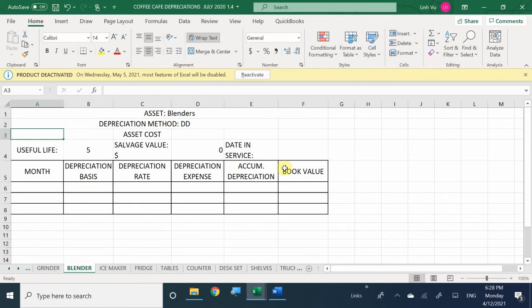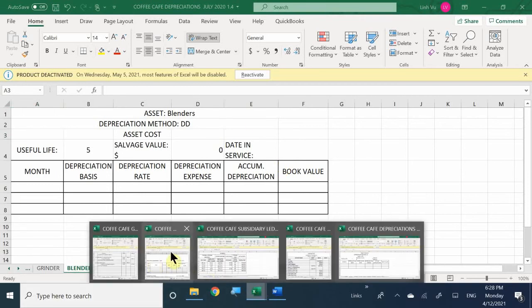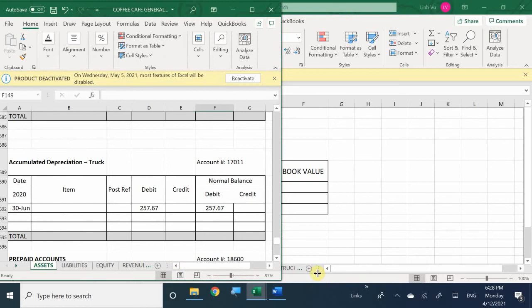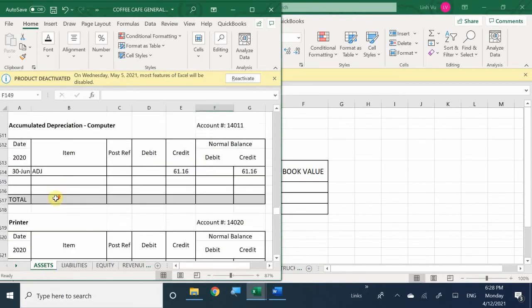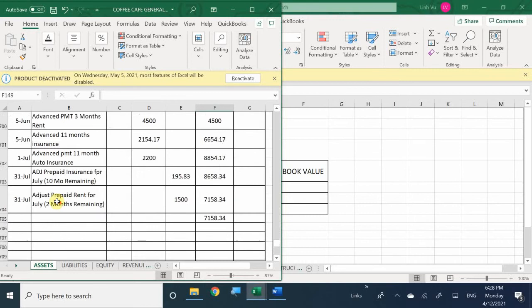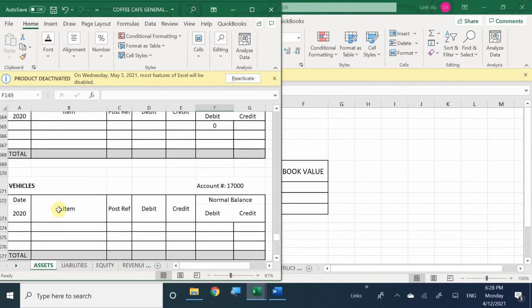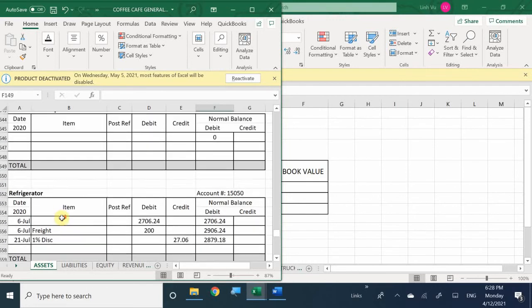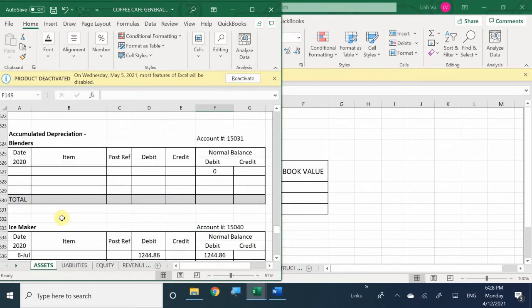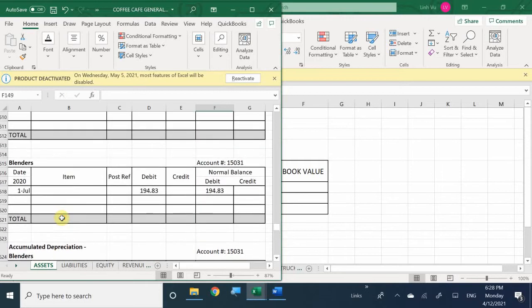Now we need to solve for what my asset cost was and when did I actually place it into service. So, of course, we're going to be able to find that information on our general ledger. If I go to assets and I scroll around to find those blenders, okay, so again, here it is, my blenders.